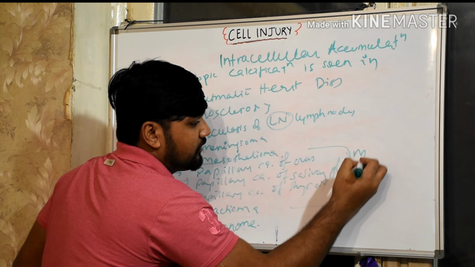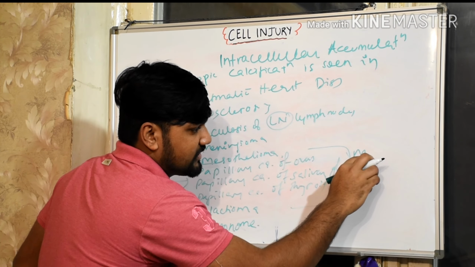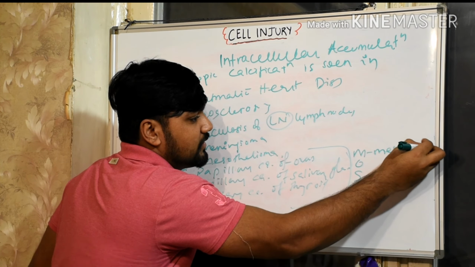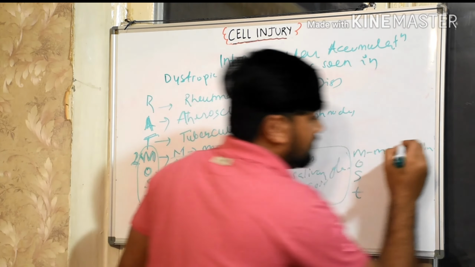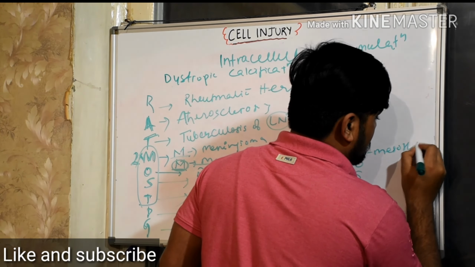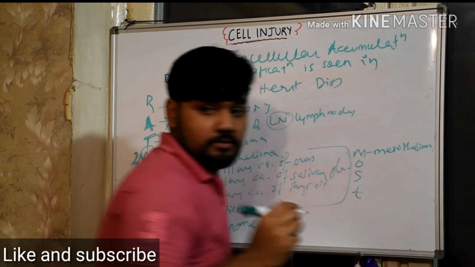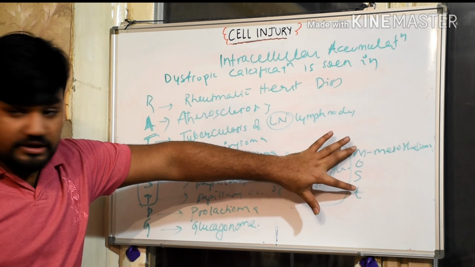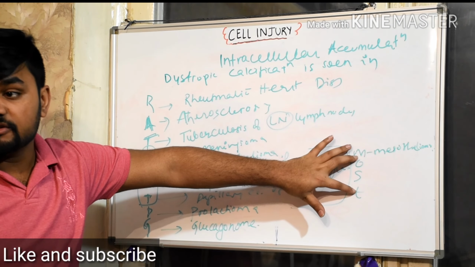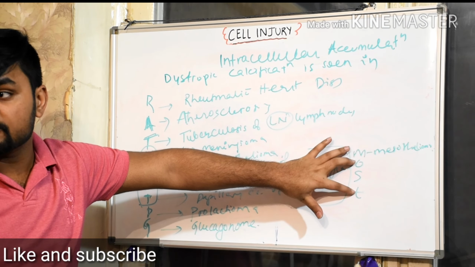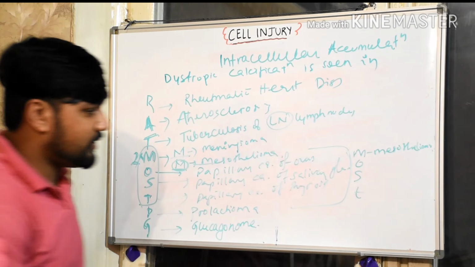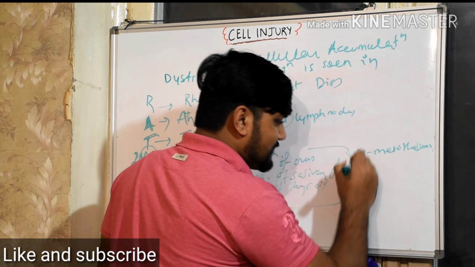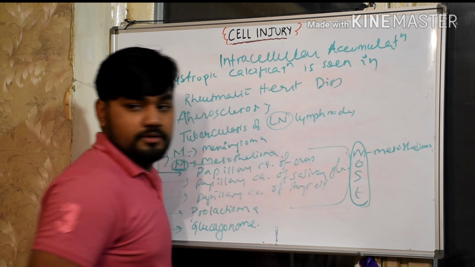It means from our mnemonic, that is MOST, and this M represents mesothelioma. Mesothelioma means pleural cavity cancer. ठीक है? From this MOST, this is very significantly important because the bodies seen here are known as psammoma bodies. ये याद रखने के लिए, psammoma bodies are always seen in MOST. ठीक है?